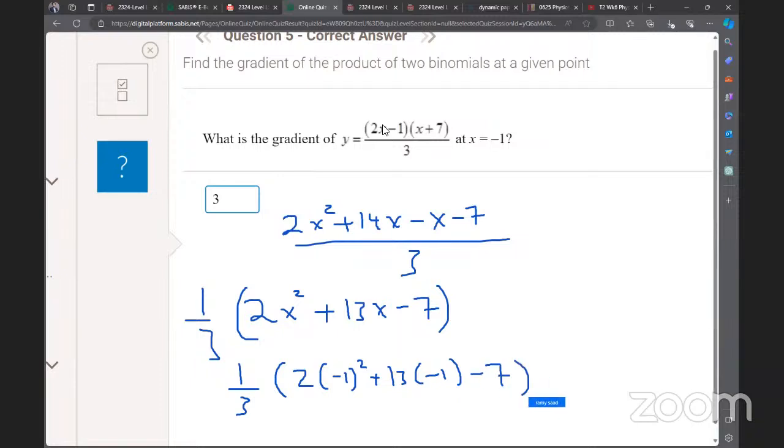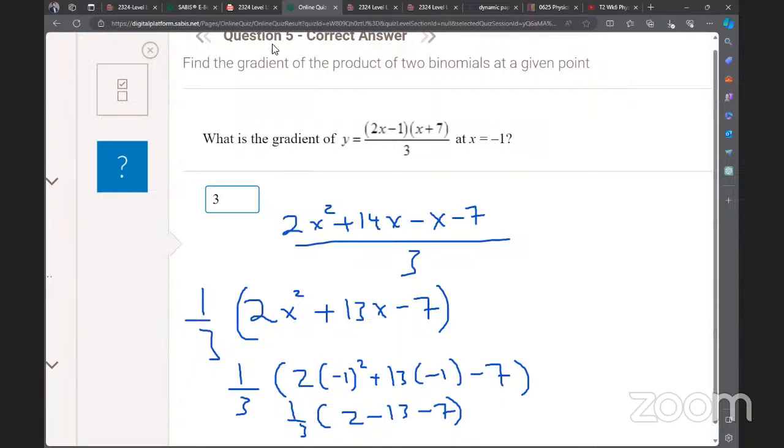Negative 1 power 2 will be 1, and 1 times 2 is 2. 2 minus 13 minus 7. 2 minus 13 is negative 11. So negative 11 minus 7.